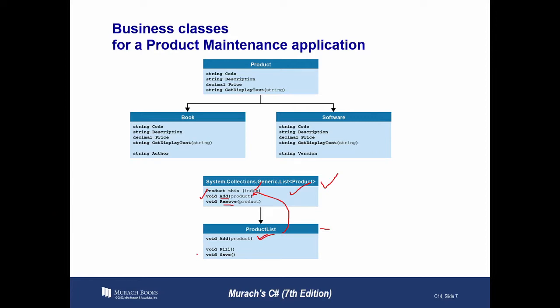And of course, these two methods here, the void fill and the void save, these don't exist in the base class, right? They have all of these same characteristics, but they don't have fill or save. So we can take everything from above plus implement our own. And that's really the strength of inheritance.